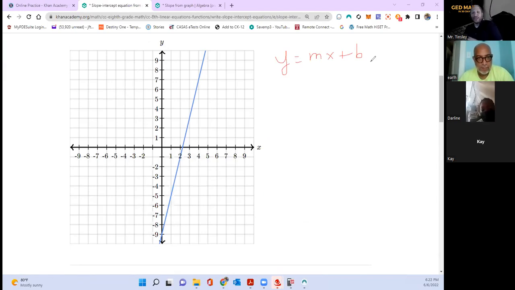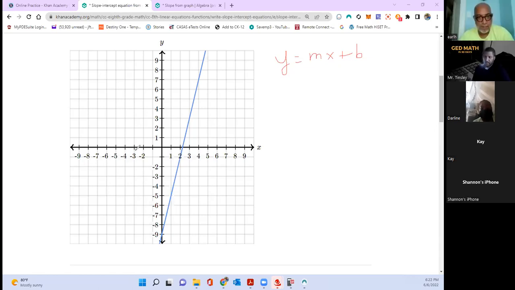And then when I ask them to do it, oh my goodness, no. So right now, tell me the equation of this line and send it to me in the chat. What is the equation of this line?